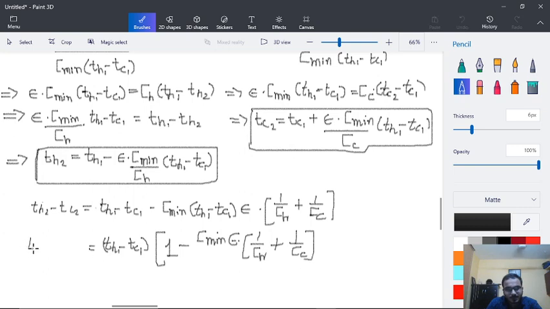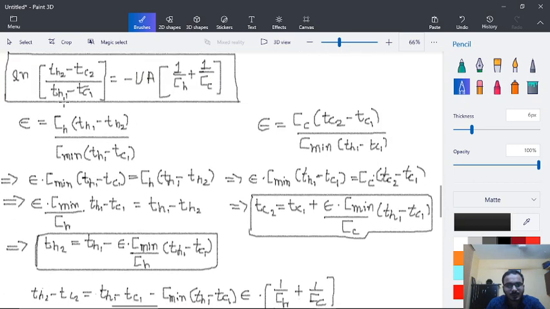So this will be the value of TH2 minus TC2. And now we will put this value in our ln formula.